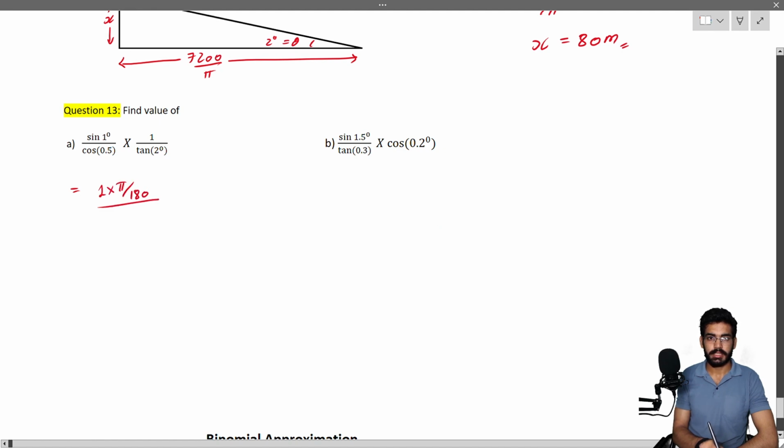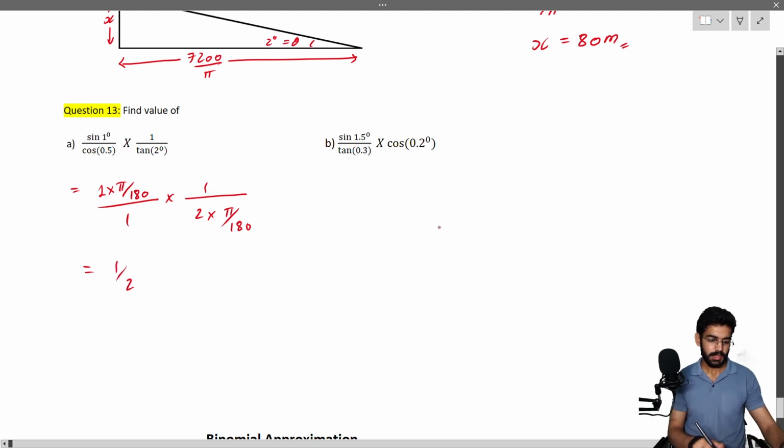Then cos 0.5, I can write directly 1, multiplied by 1 upon tan 2 degrees. Tan 2 degrees is 2 into pi by 180. And this value is going to come to 1 by 2.